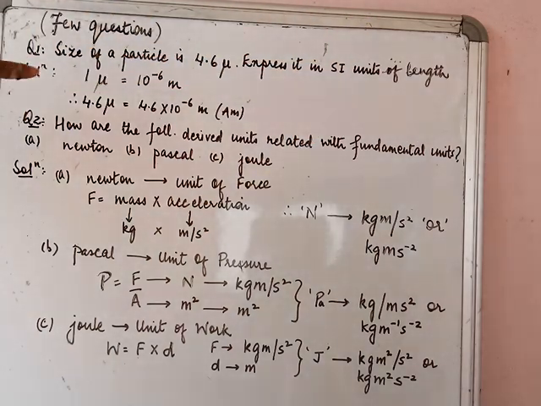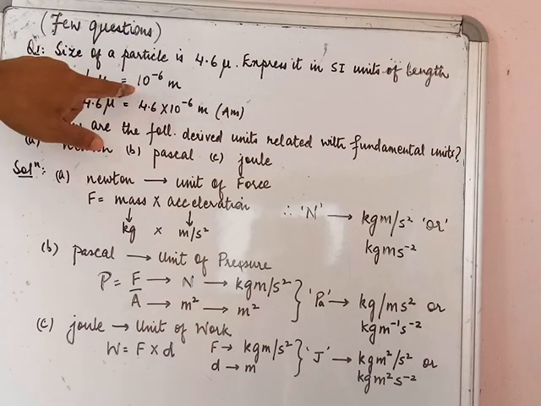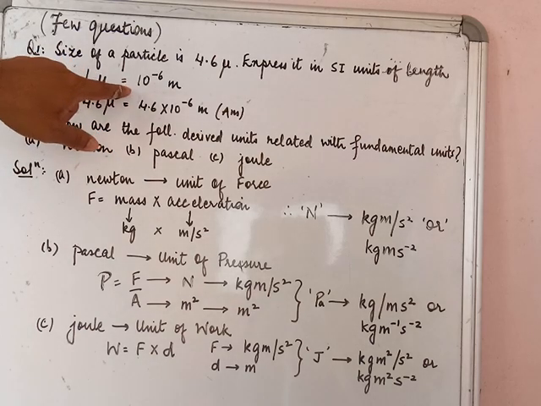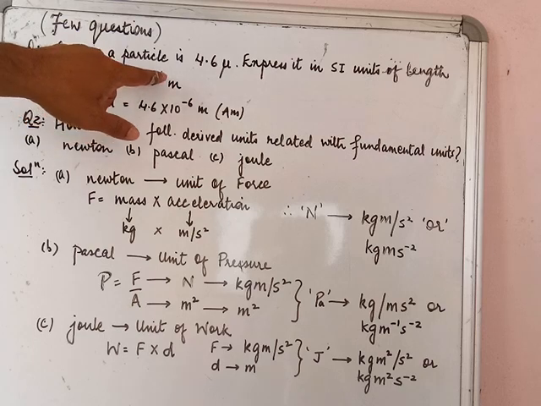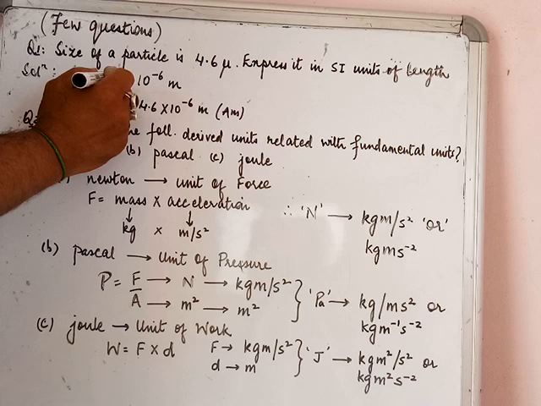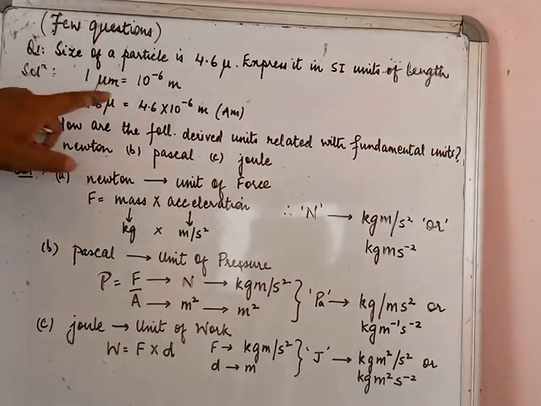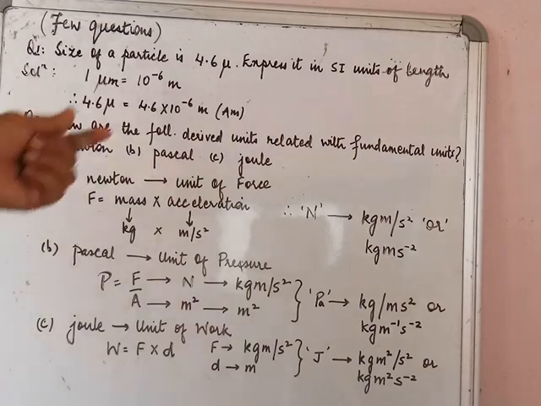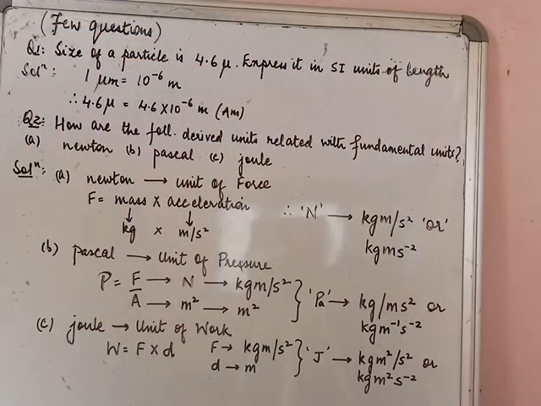If you see the relationship, this is something that you have to remember. 1 micron is equal to 10 to the power minus 6 meters, or you can also say 1 micrometer is equal to 10 to the power minus 6 meters. And obviously meter is the SI unit of length.